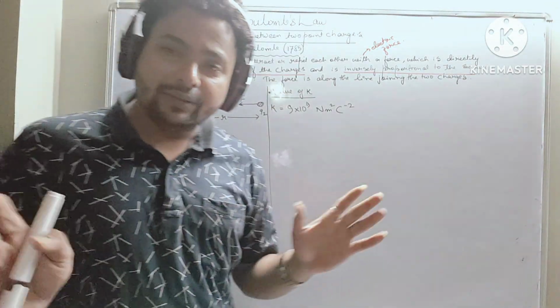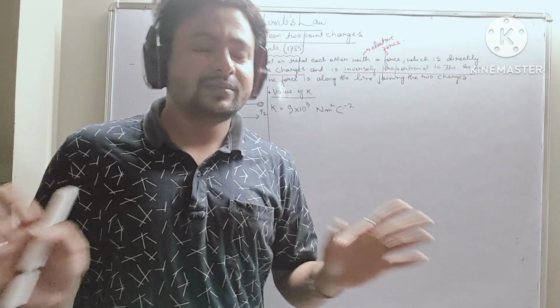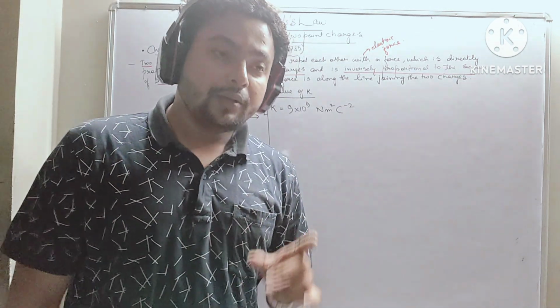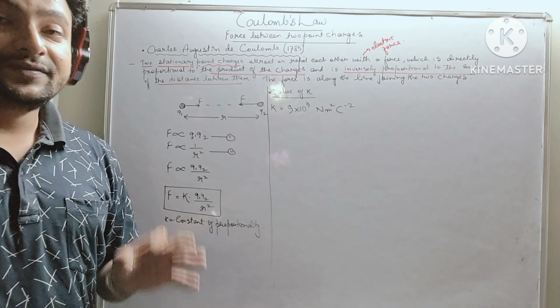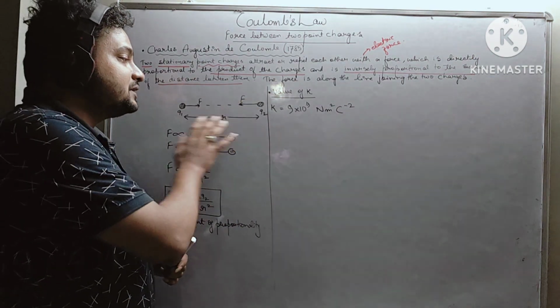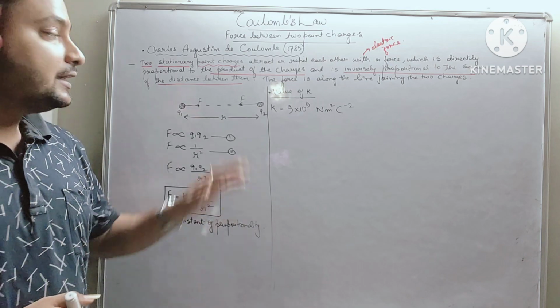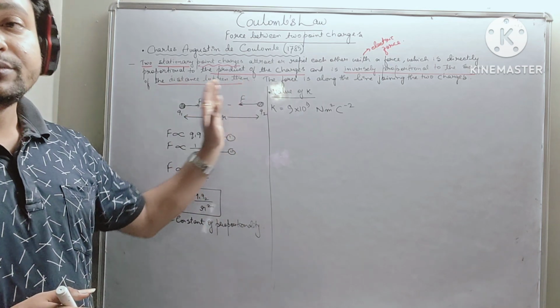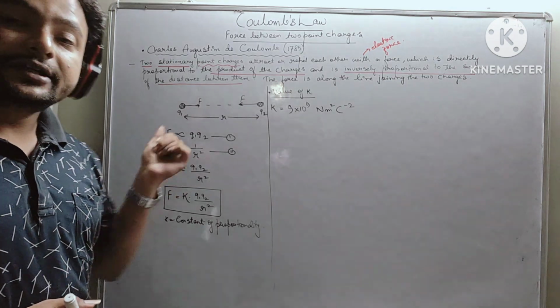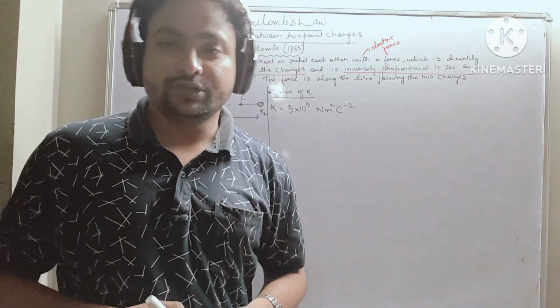It works the same for any medium, vacuum or anything. But Coulomb's law is different for different media. The force acting between the two charges depends on what medium I have kept between them.